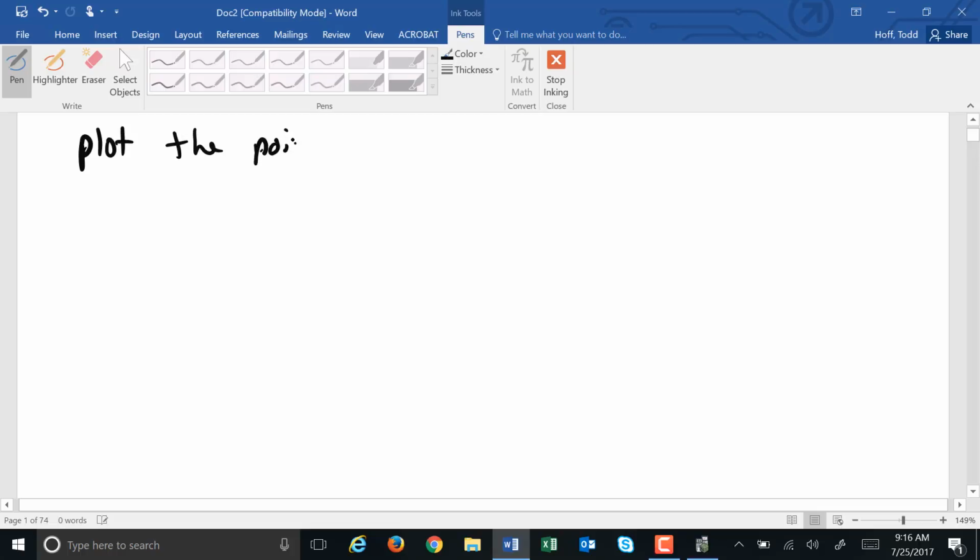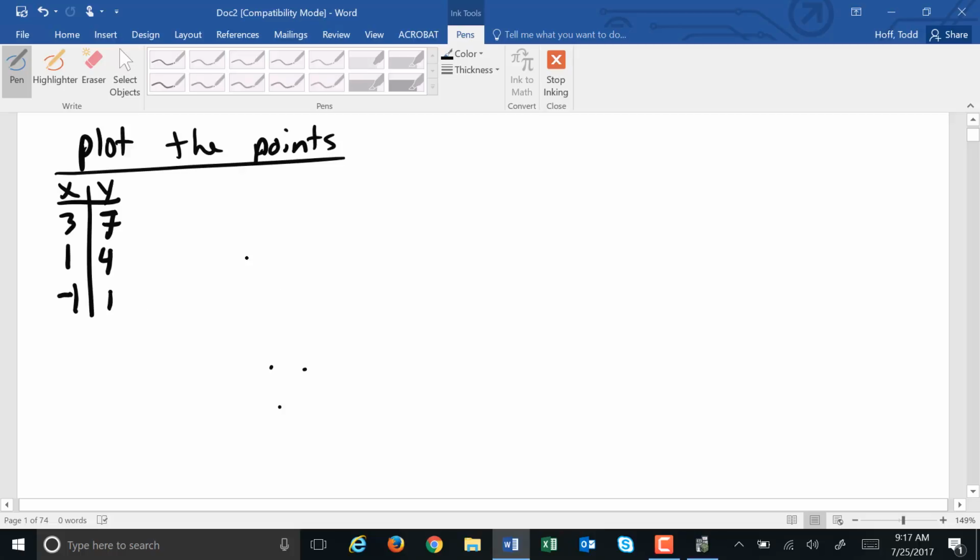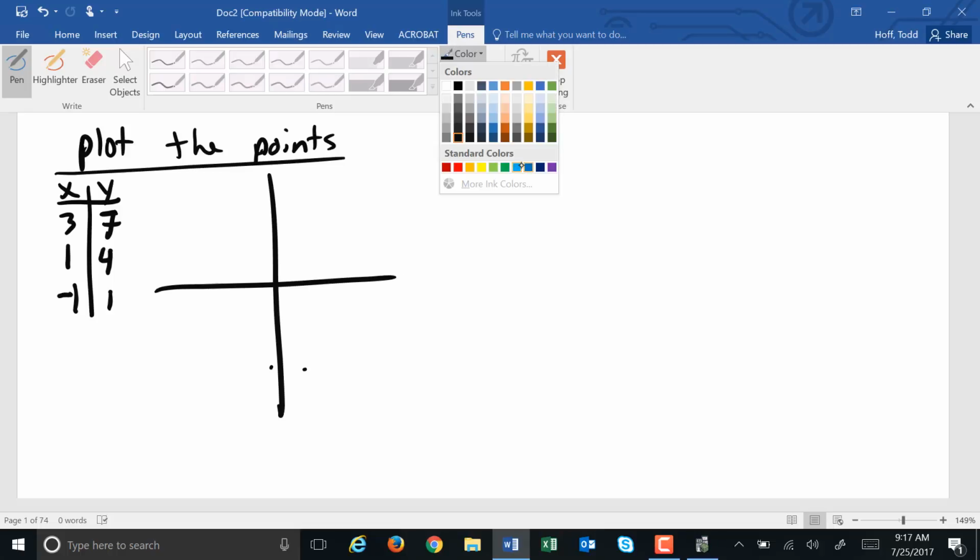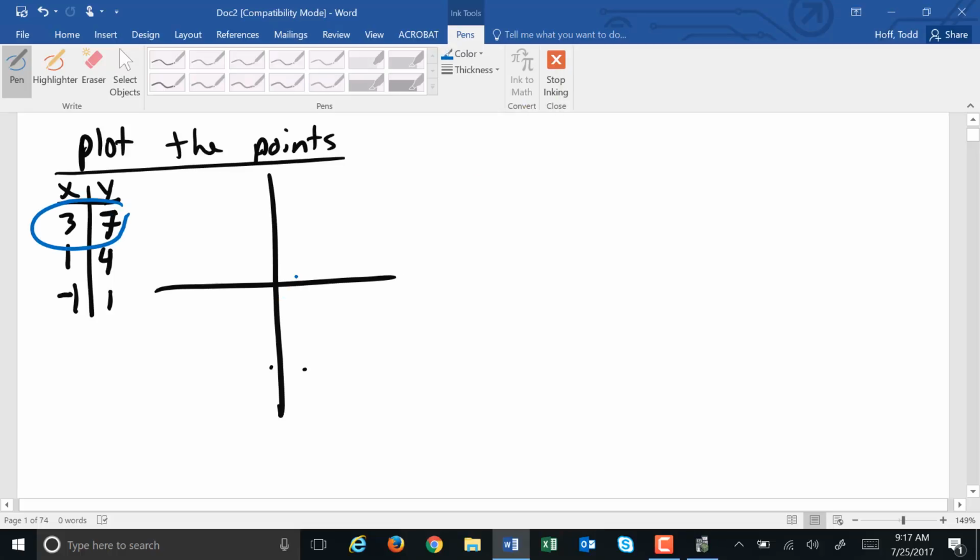Though there are two processes that are very, very different. If I say plot the points, and I give you a table X and Y, and I have 3, 7, 1, 4, negative 1, 1, and I tell you to plot those points, well, 3, 7, you're going to go this way first, 1, 2, 3, then up 1, 2, 3, 4, 5, 6, 7.